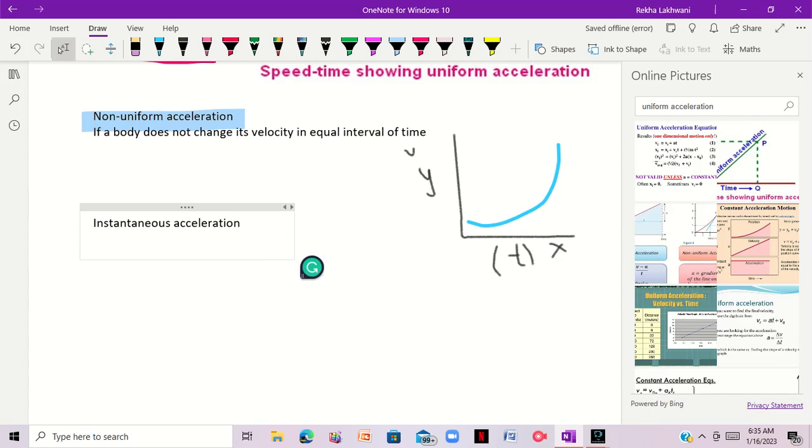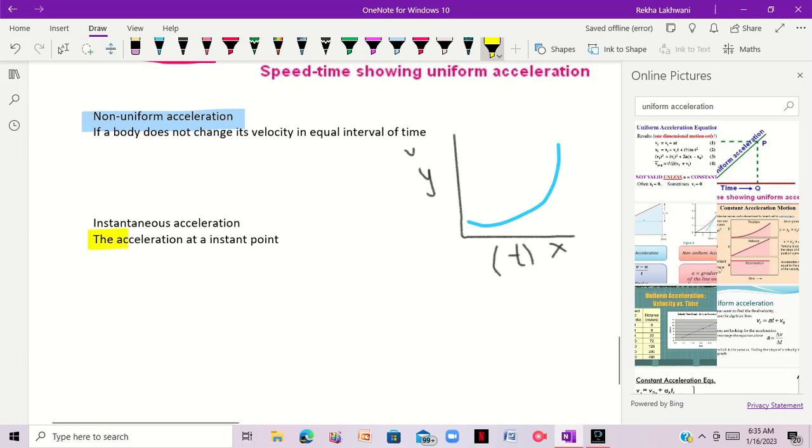Instantaneous acceleration is basically the acceleration at an instant point. The acceleration at an instant point is known as instantaneous acceleration. Acceleration at an instant point.